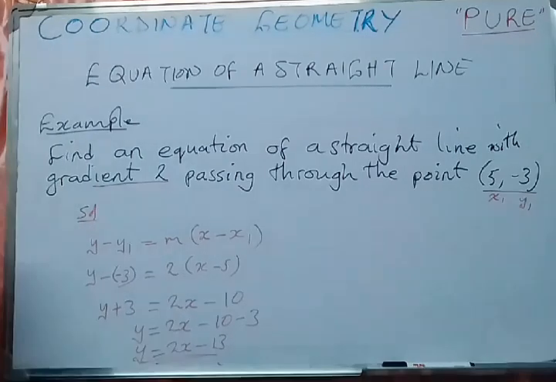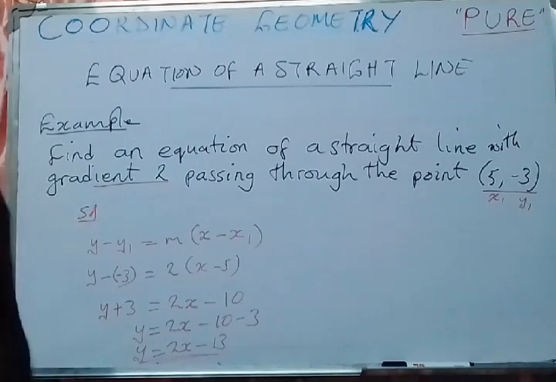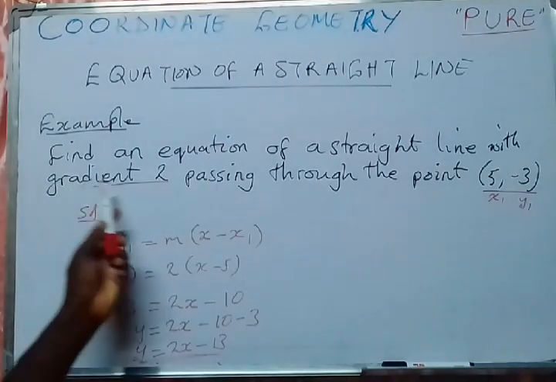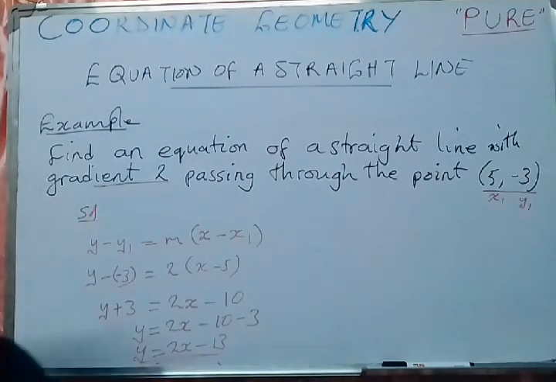Very good. So if we find y equals 2x minus 13, it means that we have found the equation of a straight line with gradient 2 passing through the point 5, negative 3.